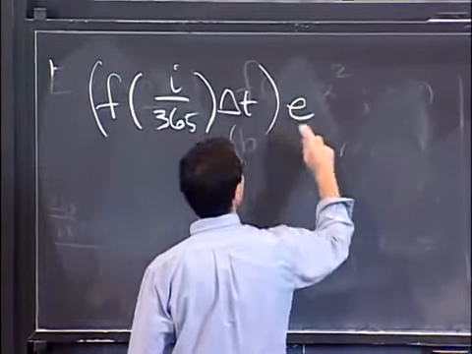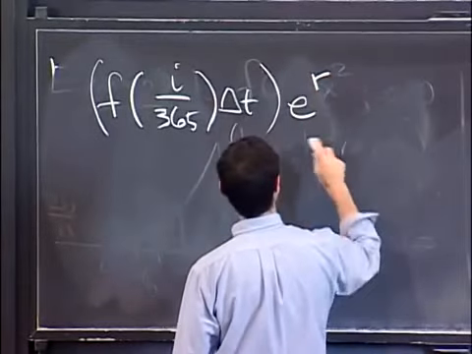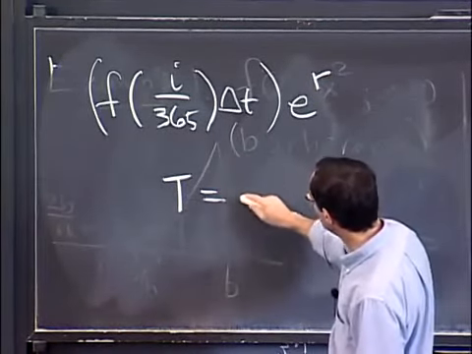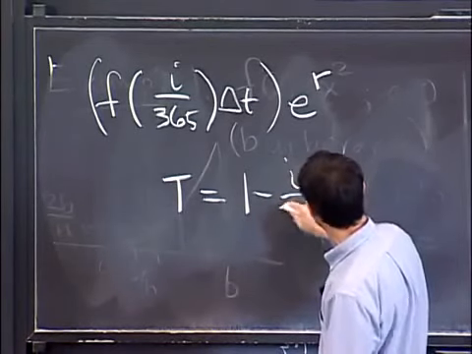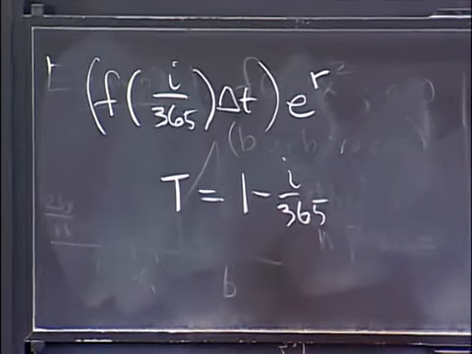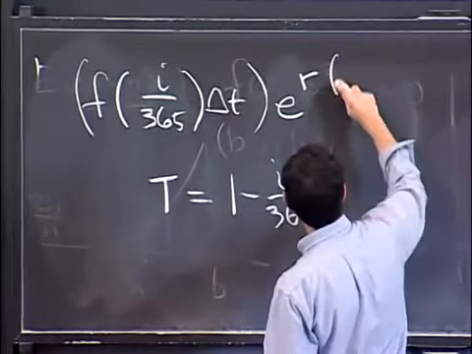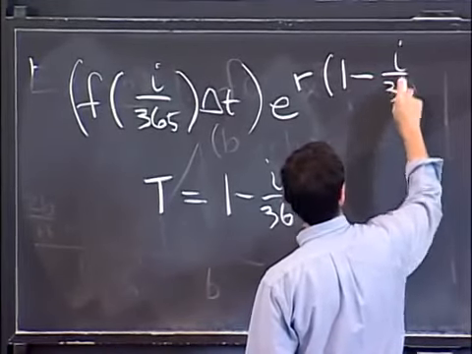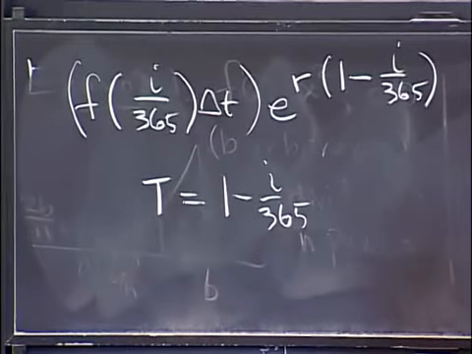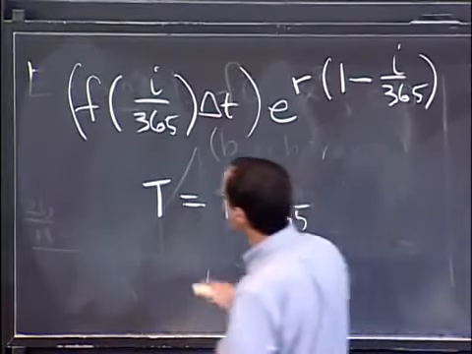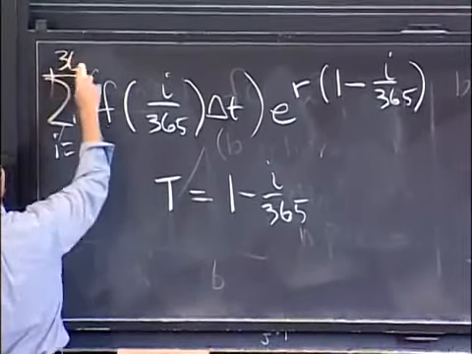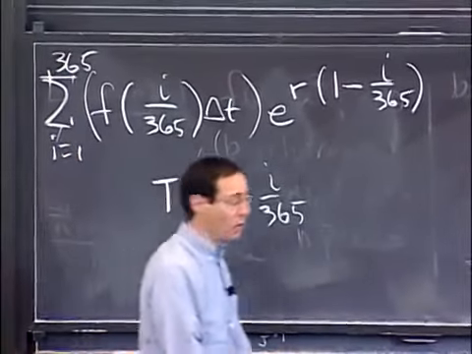You owe e to the power r times the amount of time left in the year. So the amount of time left in the year is 1 minus i over 365, or 365 minus i days left. So this is 1 minus i over 365. And this is what you have to add up to see how much you owe.